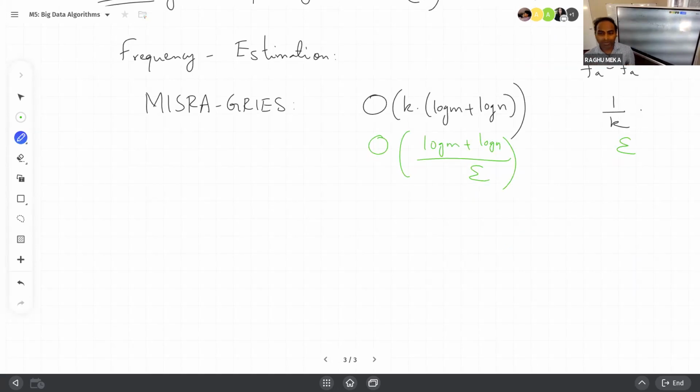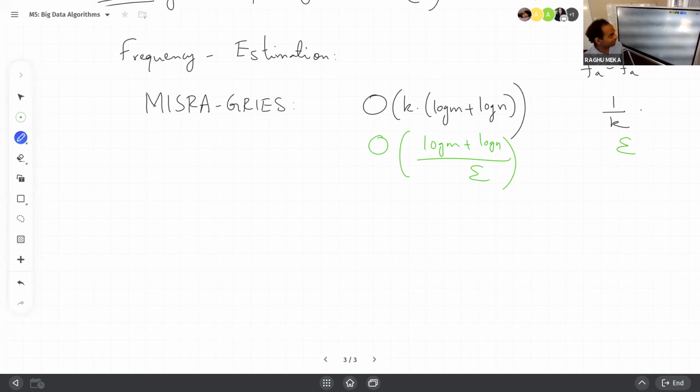Remember we introduced this epsilon comma delta estimator, and this is a deterministic estimator which is always within epsilon of the true answer, right? But the downside of this was that it wasn't a sketch. We couldn't combine multiple streams in an easy way.